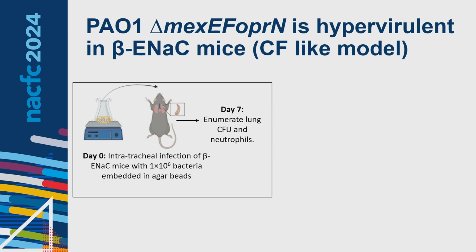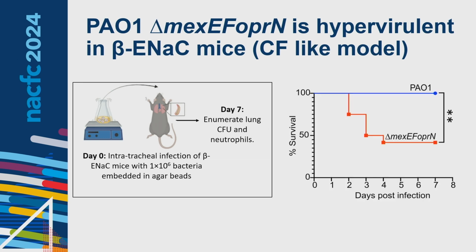So we did chronic infections in the beta-ENaC mice, which overexpress the sodium ion channels in the lung and the airway, resulting in mucus accumulation, which is characteristic of CF lung disease. We intended to enumerate the bacterial lung burdens at day 7, and also neutrophils, which would give us an idea of the inflammatory status of the lungs.